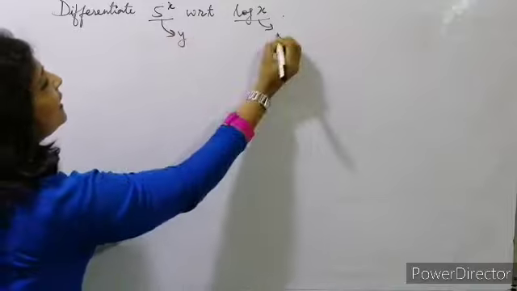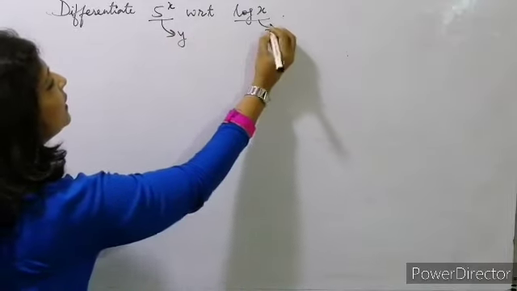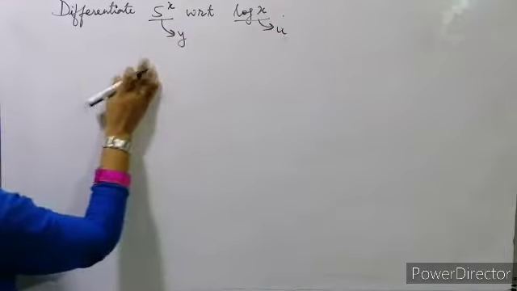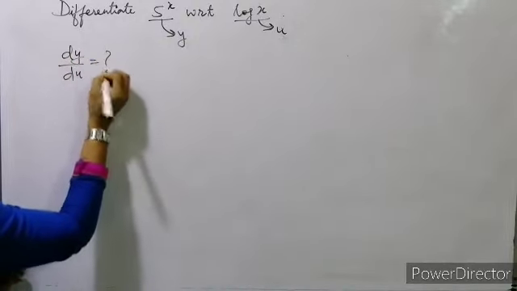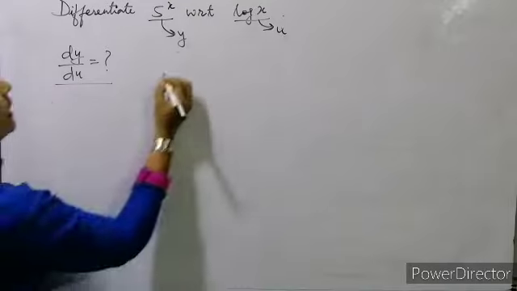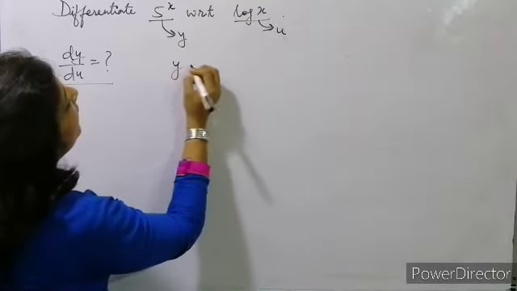So we'll take y and u. Okay, y and u we have to take, we have taken. So dy by du we have to find out. Okay, हमें ये find out करना है, and y and u is given.